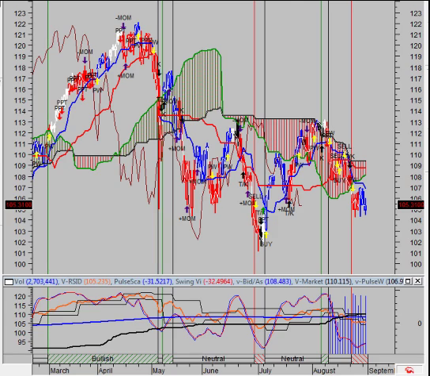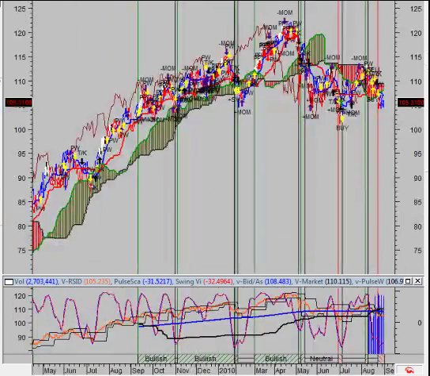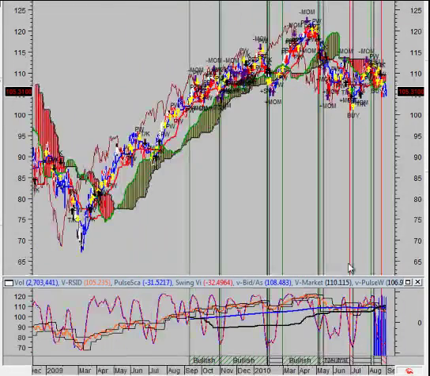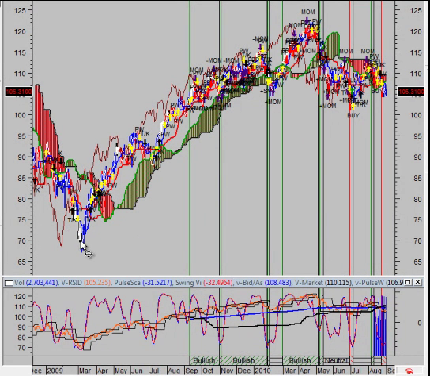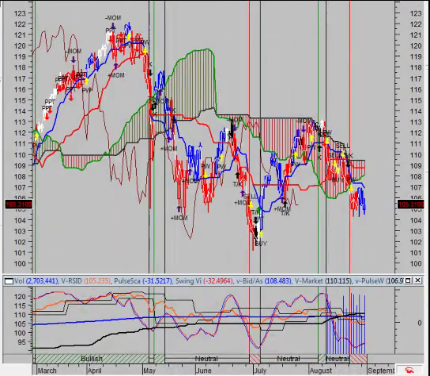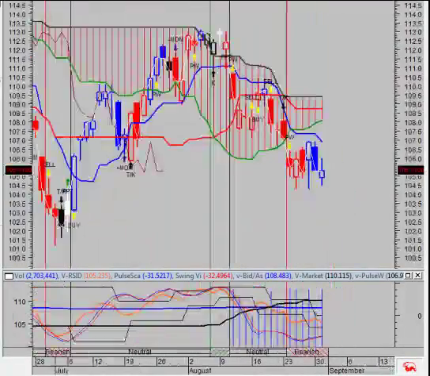And then prior to that, when I said there was no support, I mean there's no support. We're going to 80, we're going to 75, and we're not going to get any justice until we see the March 2009 lows, and they probably won't hold. So I'm just saying that's what we're looking at. We're staring into the abyss here, okay?